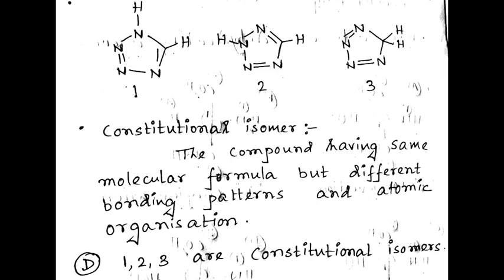Here the hydrogen atom does not follow a fixed atom connection. Okay, so 1, 2, 3 are constitutional isomers, therefore option B is the correct option.